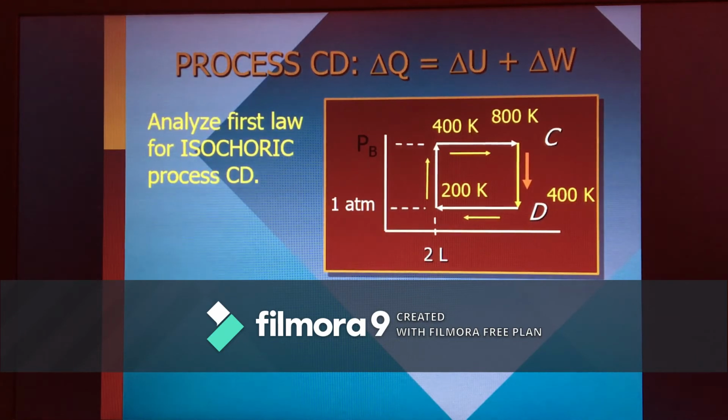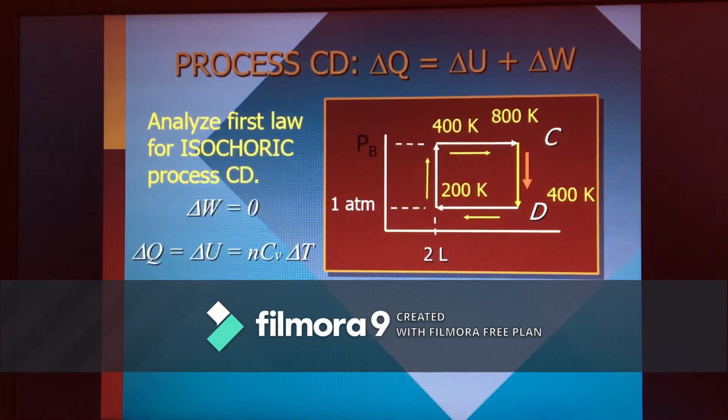So first we analyze the first law for isochoric process CD. We know that for an isochoric process, there is no work done. Thus, delta W is equal to 0. And we have the relationship that delta Q is equal to delta U plus delta W. So therefore, our equation turns into delta Q equal to delta U.